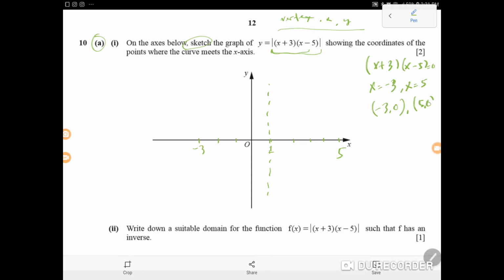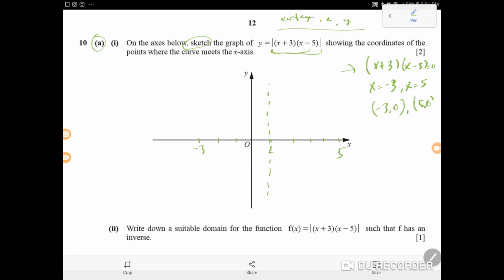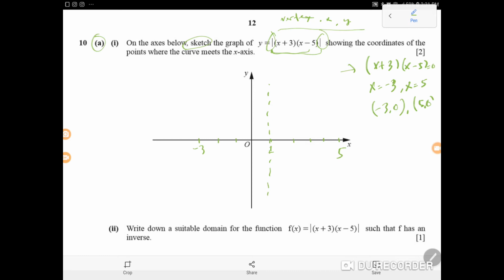Now that we've got the x of the vertex, we put it back here to find the y of the vertex. So far you don't need to worry about the absolute function. If you can directly jump into the absolute function, it's alright, but if you cannot, don't get upset with the absolute symbol first. Let's just sketch the quadratic first.